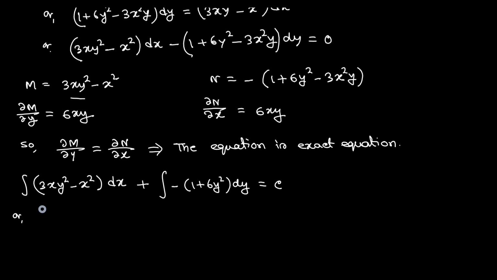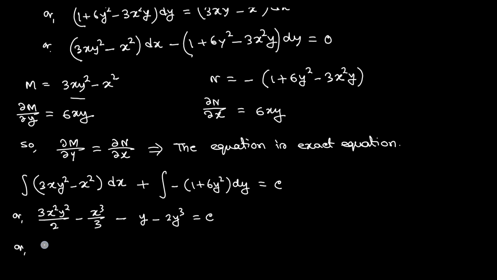Integration with respect to x will give 3x square y square divided by 2 minus x cube by 3. This minus is outside, so the integration with respect to y will be y minus 6y cube by 3, that means 2y cube, this is equal to c. So what is the final answer? You may or may not simplify this part. I am simplifying, so the LCM will be 6.